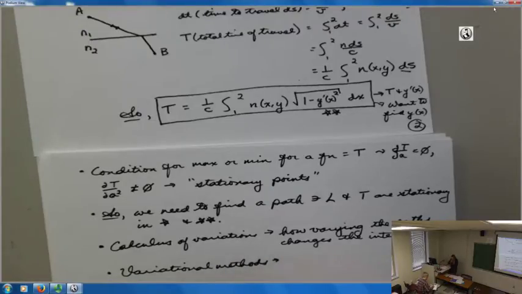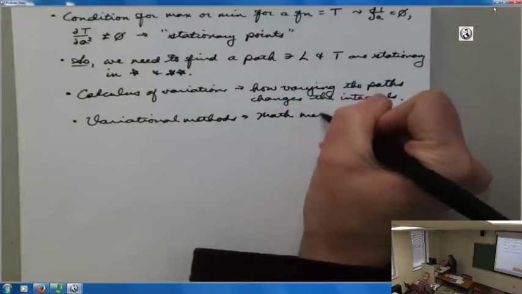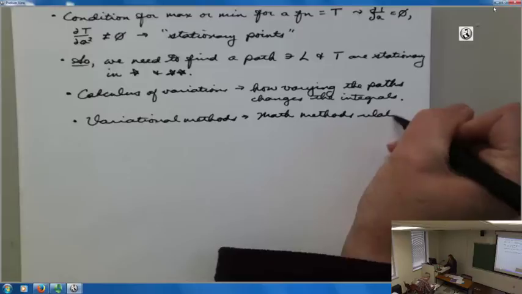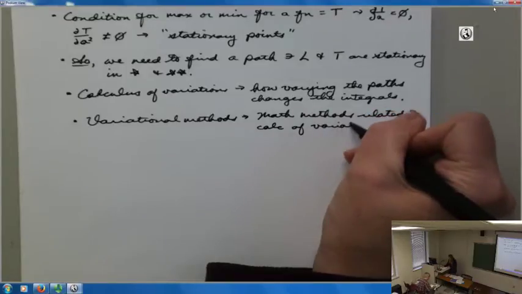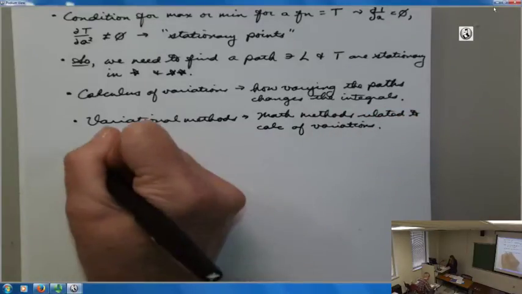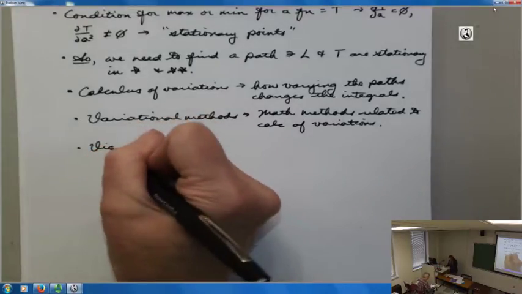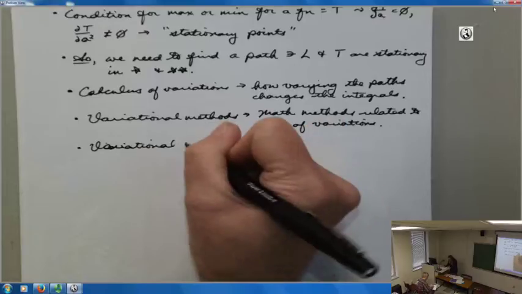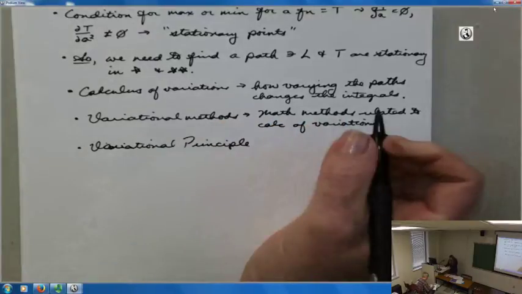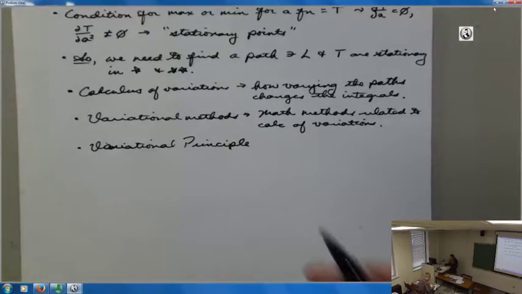Those are the mathematical methods related to the calculus of variations. And we are also going to wind up with something called the Variational Principle, which is really just a principle related to variational methods. An example of a variational principle would be Fermat's principle.